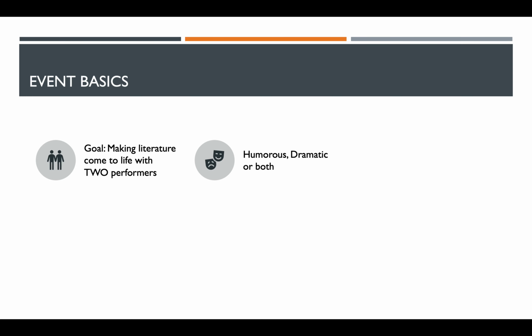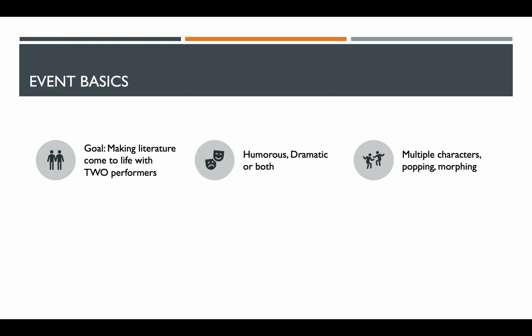We've found out at most tournaments that going full dramatic, or having drama and humor, those speeches usually do a little bit better than full-on humorous speeches. However, if you choose to do a full-on humor speech, you can totally do well. It just requires a lot of technical skill, a lot of blocking, and a lot of good characterization.